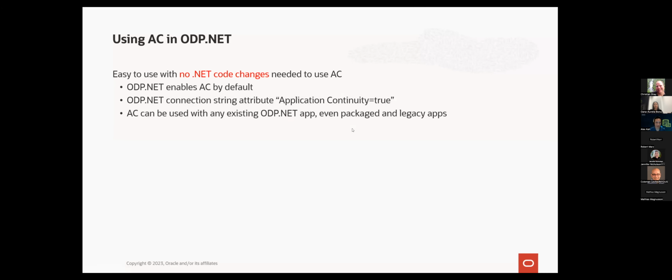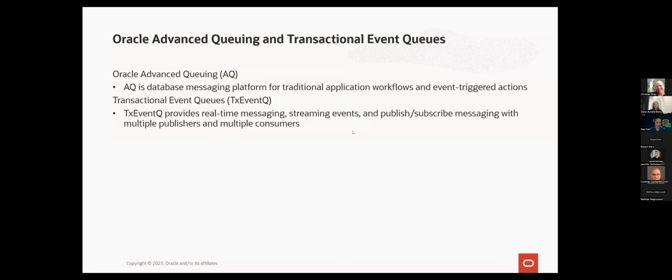So let's continue on. AQ and TEQ are features that we are now supporting with managed and core. AQ is our traditional queuing, which allows you to store your queues in an Oracle database and use the Oracle database for your workflows. TEQ is more recent, more modern, does more real-time messaging and streaming events, and you can work with multiple publishers and consumers.